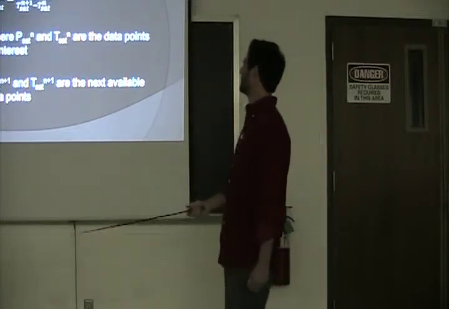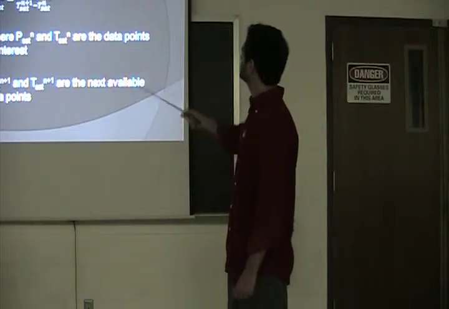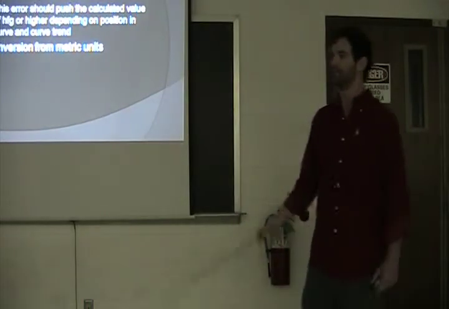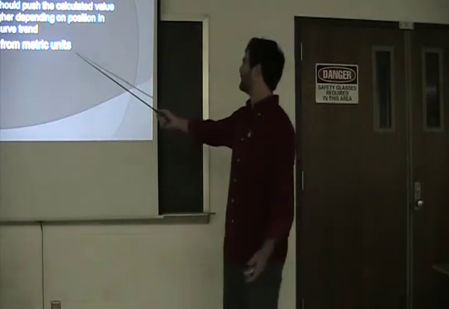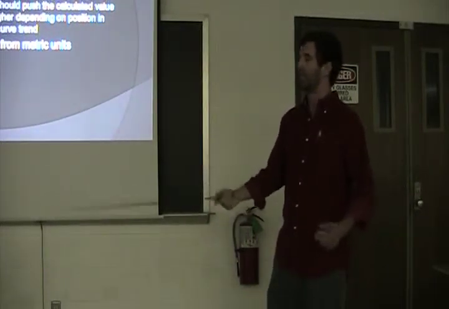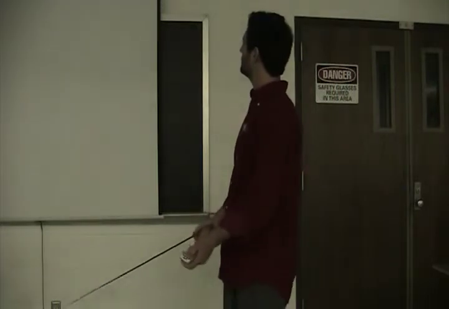Kind of hard to explain without a curve in front of me. So that's one way that the calculations are probably off. And also, for one of the tables I had to convert from metric to standard, so that might mess things up a little bit too. So anybody, any questions?